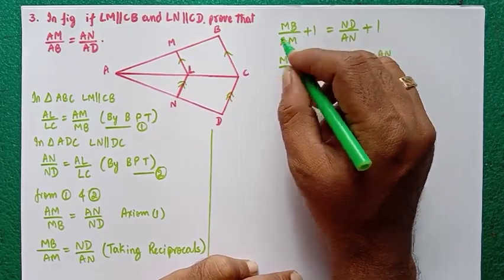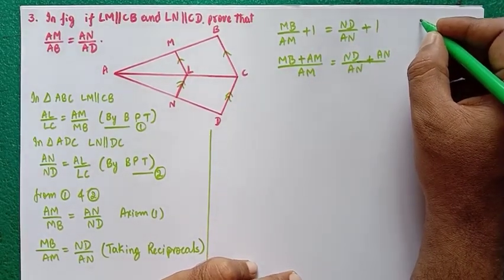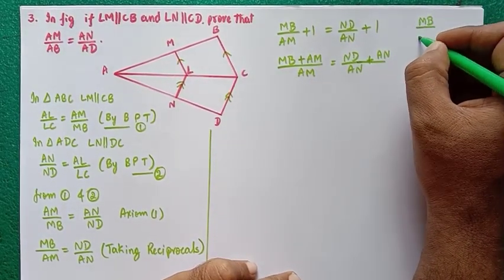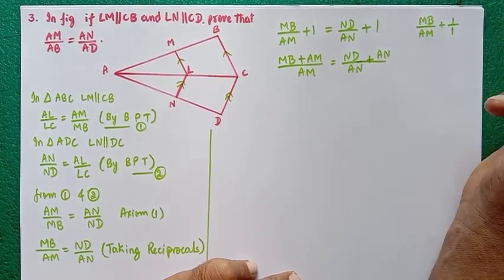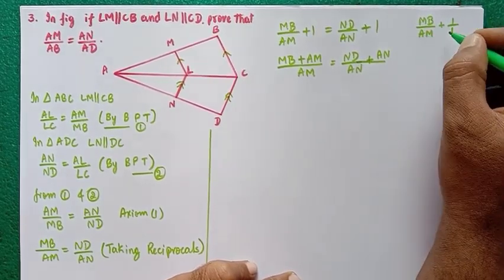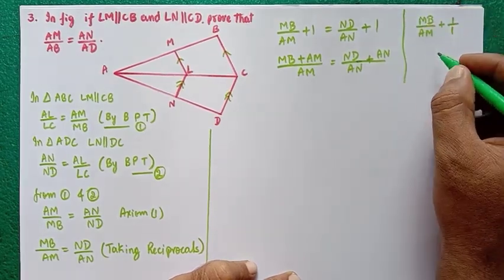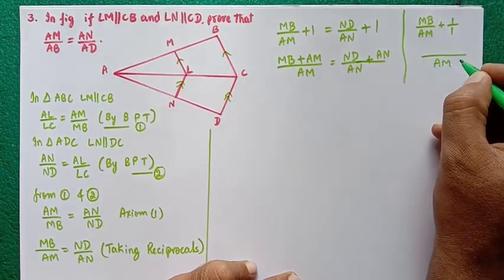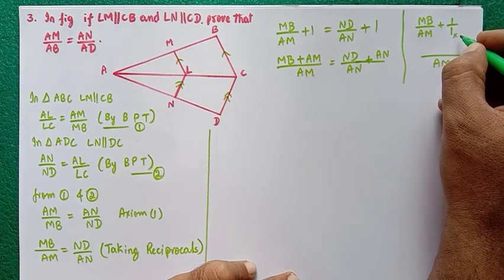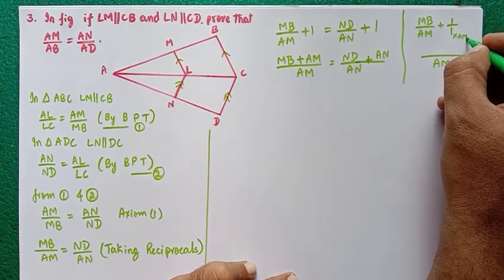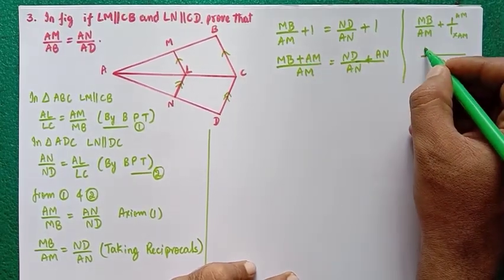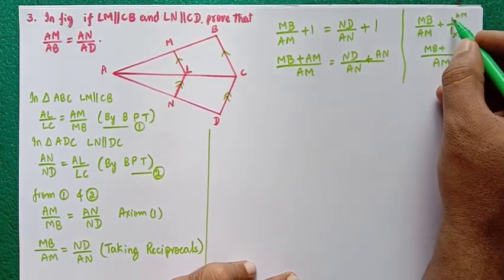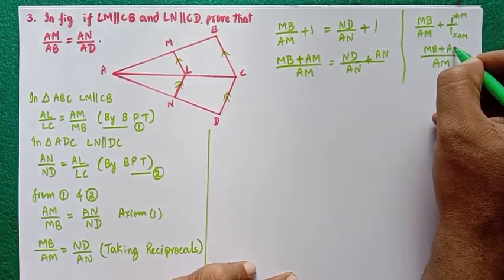MB by AM plus 1 by 1. We should take the LCM for these two. The LCM will be AM. So here you multiply with AM. So MB plus 1 into AM is AM.